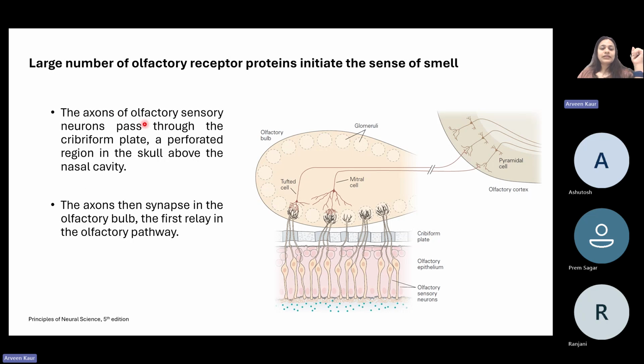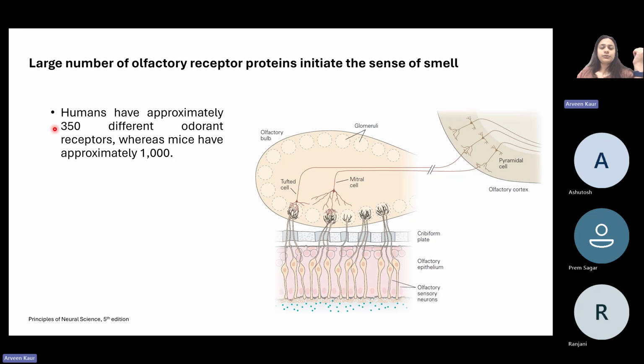The axons of olfactory sensory neurons pass through the cribriform plate, a perforated region in the skull above the nasal cavity, and the axons then synapse in the olfactory bulb, the first relay in the olfactory pathway, right? So this is the first relay.